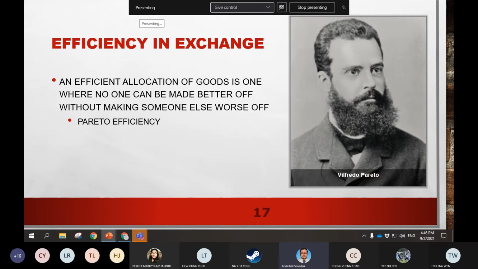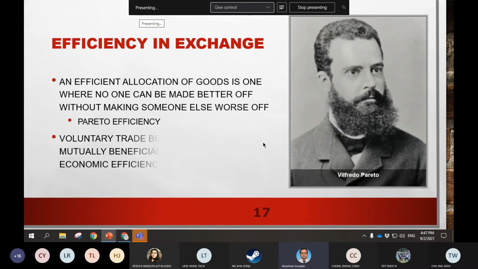And this was developed by Vilfredo Pareto, an Italian economist. So voluntary trade between two parties is mutually beneficial and increases economic efficiency.